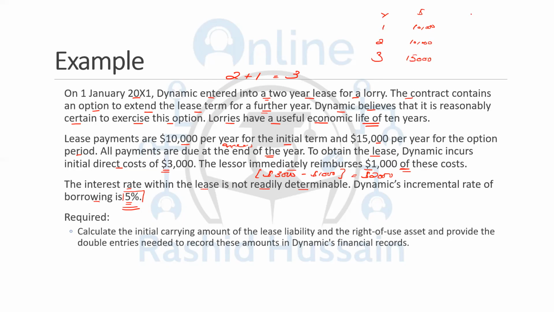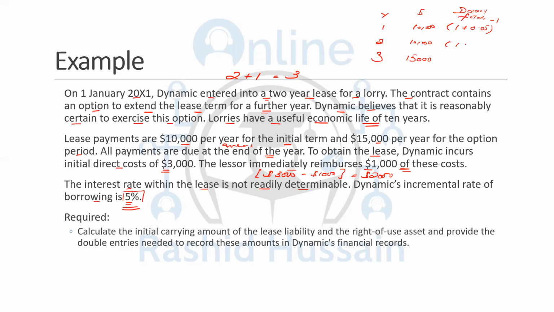Now we have to take the discount factor. Interest rate is given. You know the formula because we have done that previously as well when we were doing IAS 16. So (1 plus R), which is 0.05, 5% in decimals, raised to power minus 1.